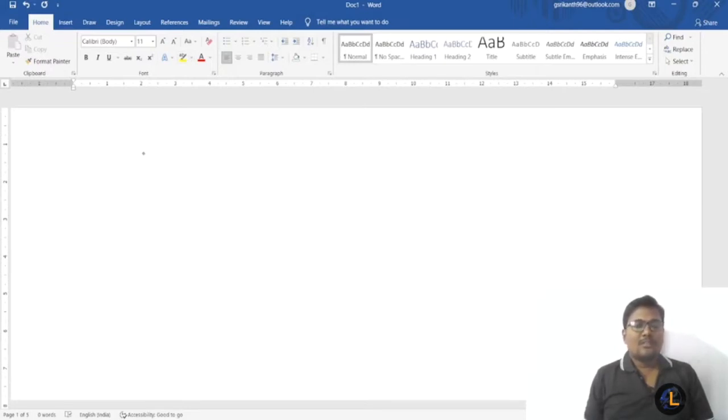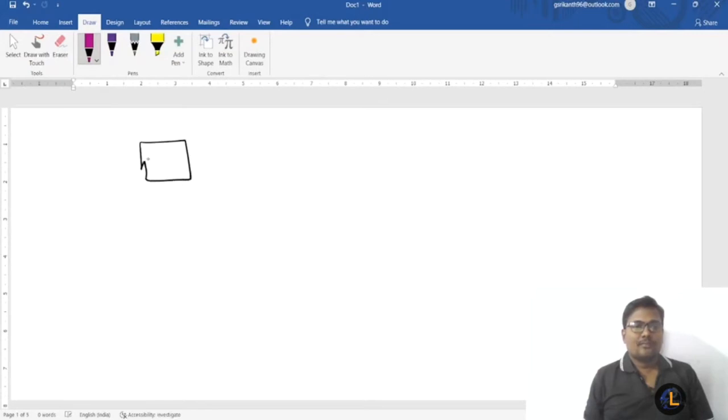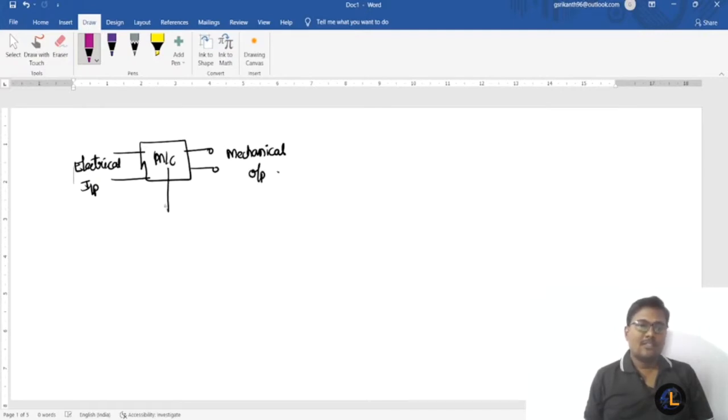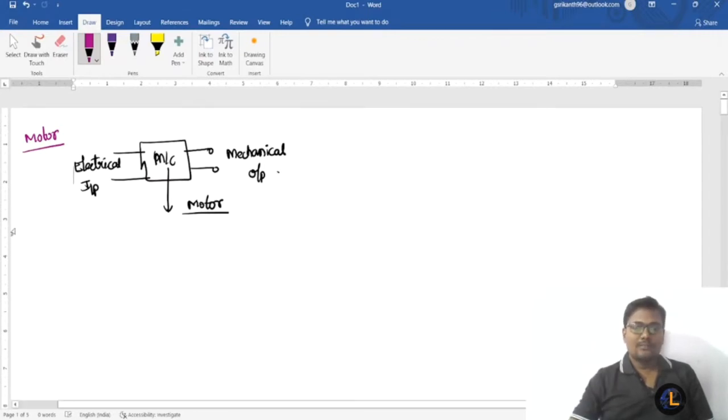A machine which converts electrical input to mechanical output, then we can say that the machine is called as a motor. A motor which converts electrical input to mechanical output.